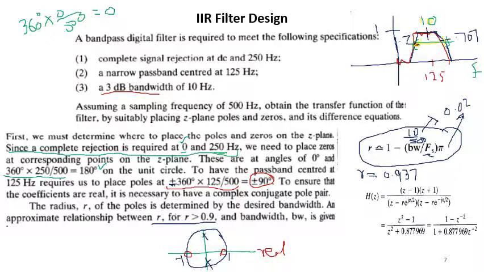If this is j pi by 2, this will be minus j pi by 2. On simplification we get something like this. So this is the system function for the required filter.